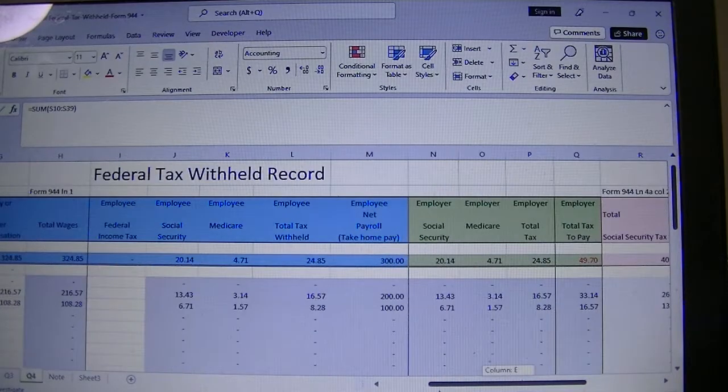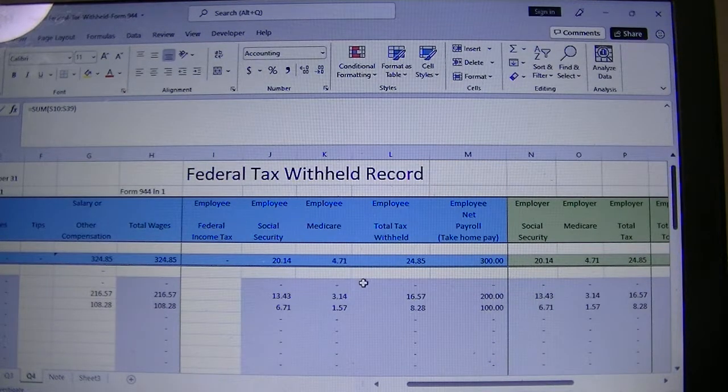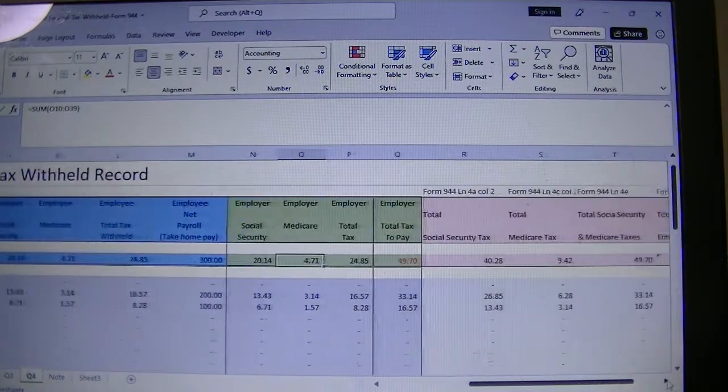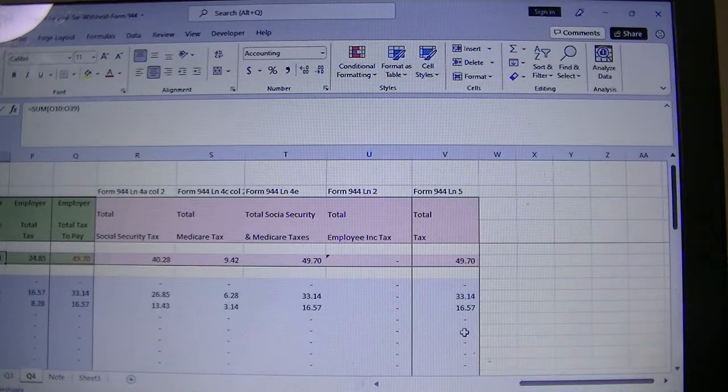I like to have those totals so that it's easier than trying to total them. We do have an employee portion and an employer portion. Those two will total $9.42, and that will go on the Form 944.